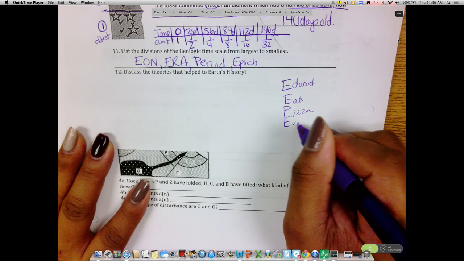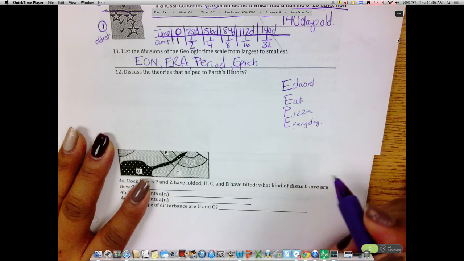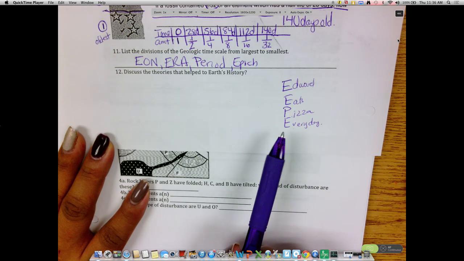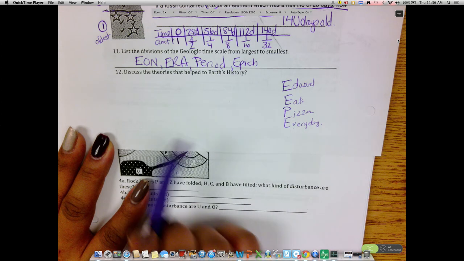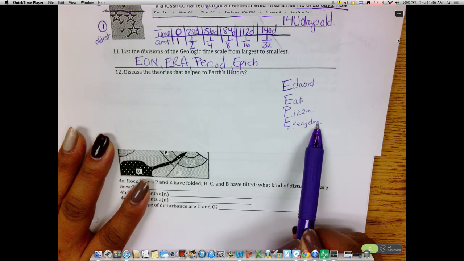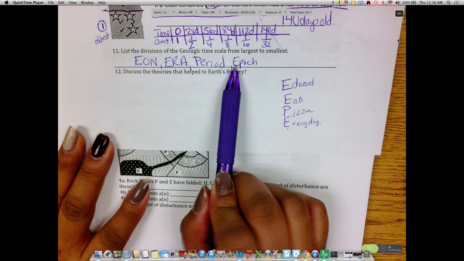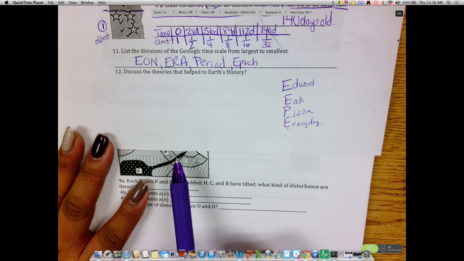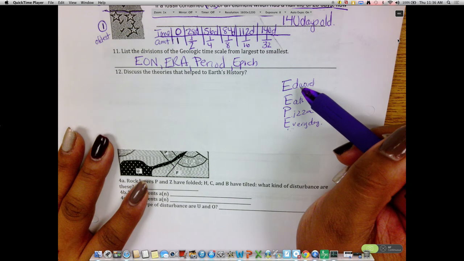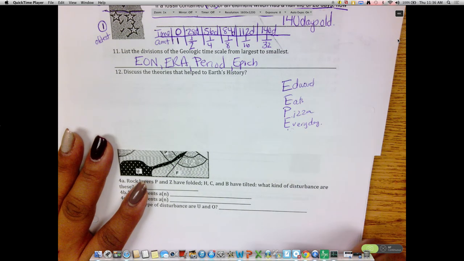You have to be able to remember what these E's are. You can remember in order. Maybe the last one is the longest one. Then you just have to remember eon and era. Maybe Eon eats pizza every day.